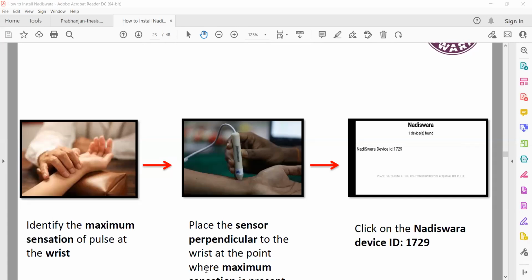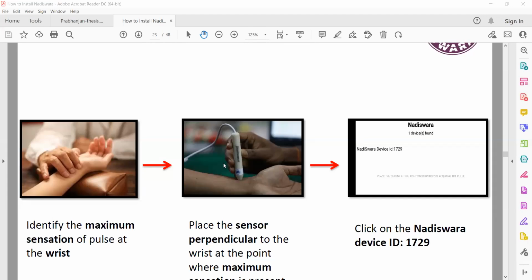In the traditional way, people used to sense at 3 different positions to observe the nadi, but here we made it very simple: at only one position you can identify the 3 different doshas or elements, and also you can derive 5 elements by understanding the nadi pattern.